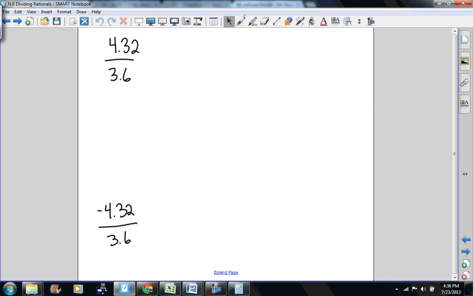So on this top problem, I think the easiest way is just kind of show you right away. We know that this number goes underneath this rational here. So I got 4.32, and this is 3.6. Okay. And so what I want to do in order to solve this problem is get rid of the decimal on this side.